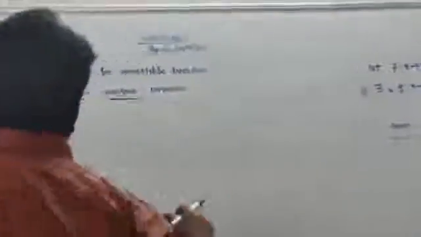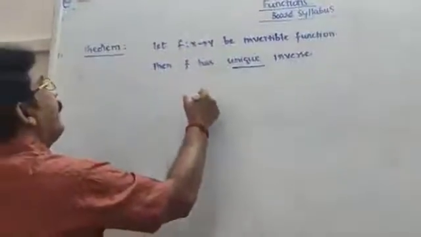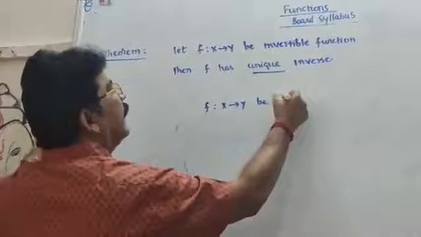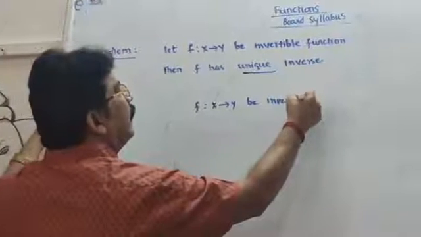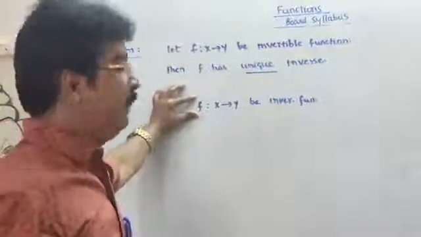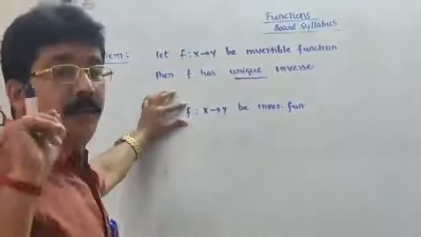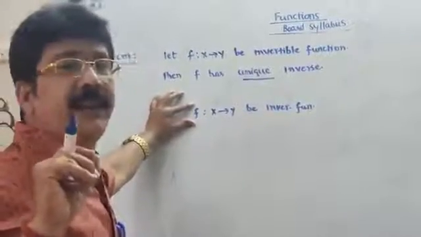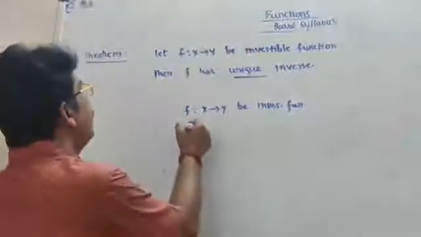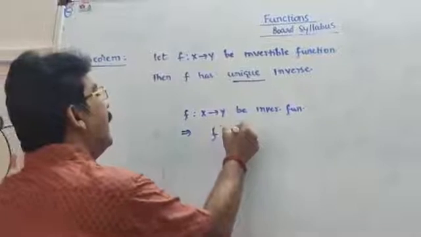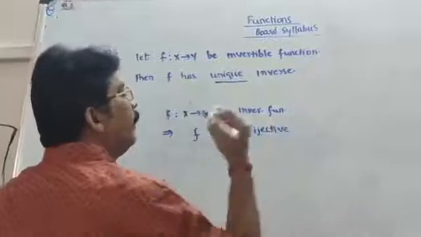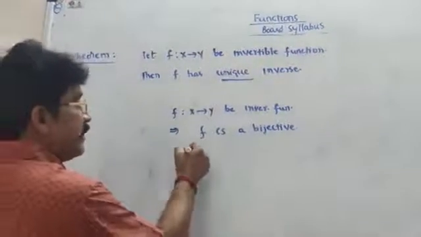Okay, you come here. Let f from x to y be an invertible function. Already I said one definition. What is that? Only bijective functions have an inverse. So here f is invertible means definitely f is a bijective function. F is bijective means what?